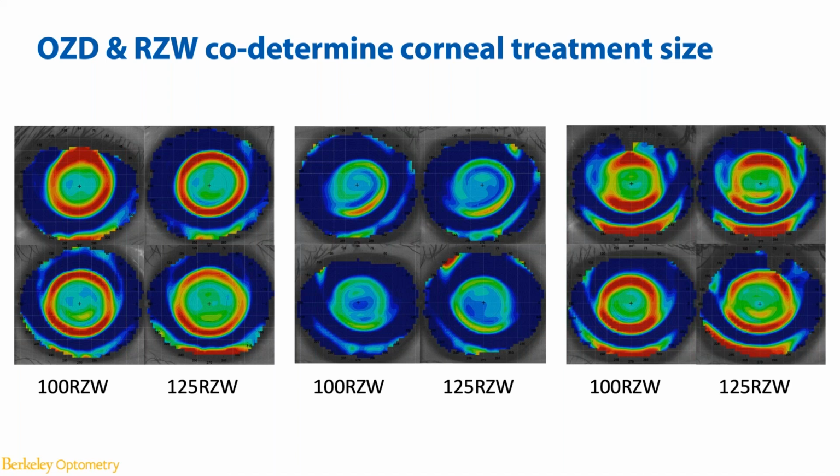So even though this is a smaller pilot study, only involving 6 eyes, from the consistency we can tell that it's not just the optic zone diameter, but the combination of the optic zone diameter as well as the return zone width that co-determines the corneal treatment size after ortho-K is stabilized.